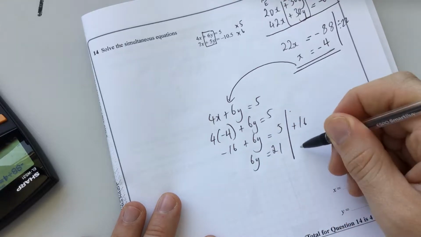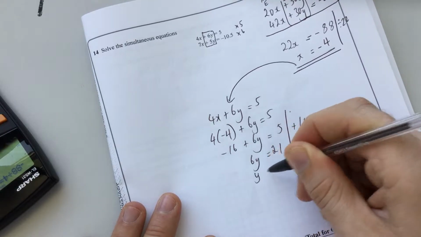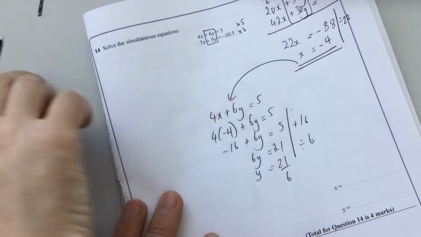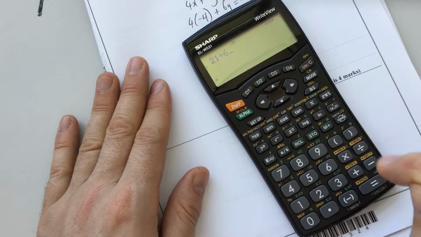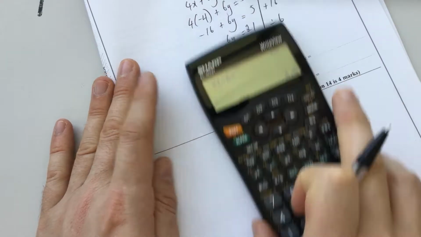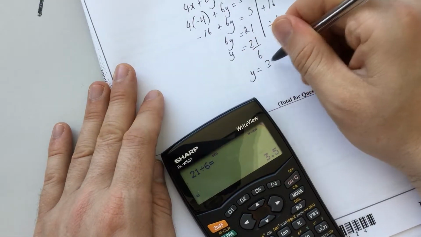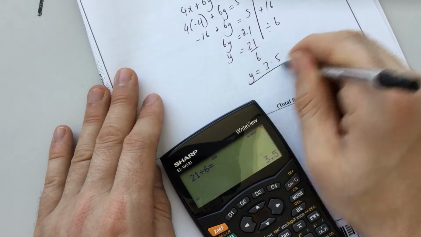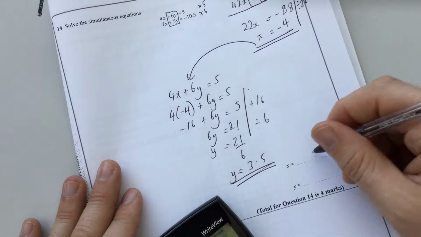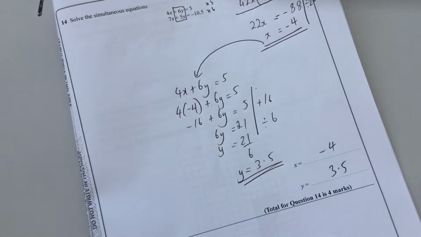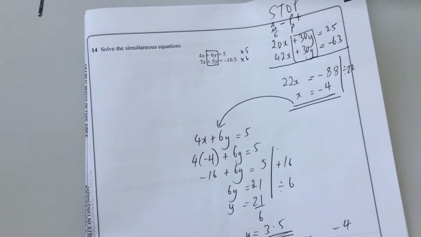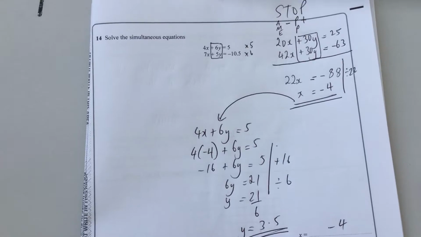I'm going to divide by 6. So y equals 21 over 6. So it's 3.5. So x equals minus 4, y equals 3.5. Easy peasy. I'm relying on you getting these ones right.